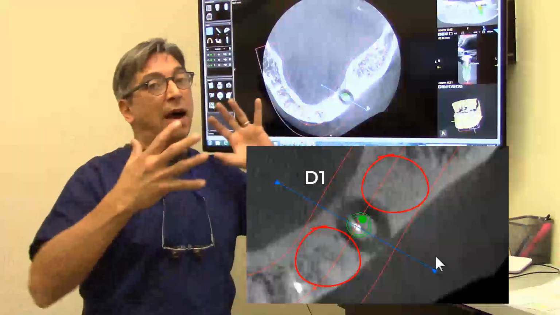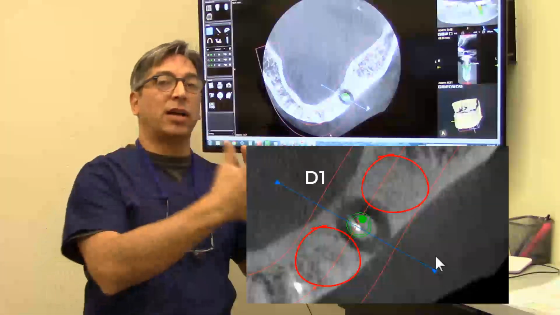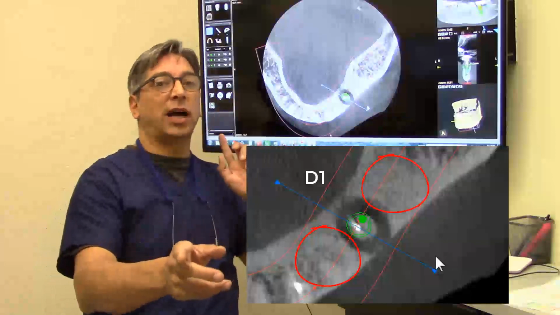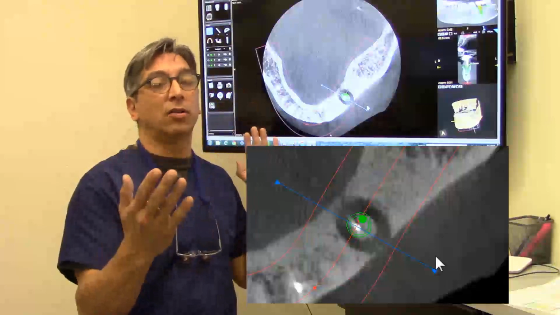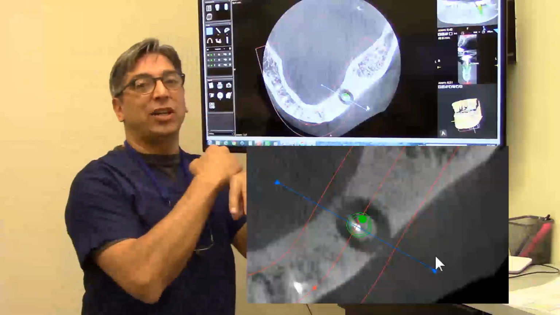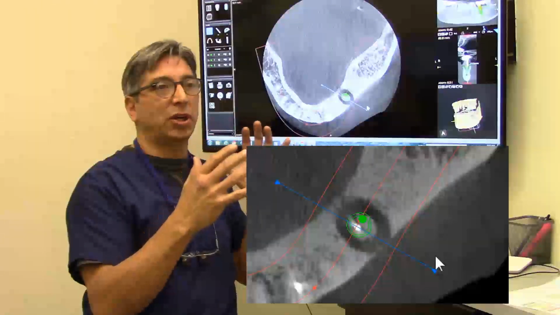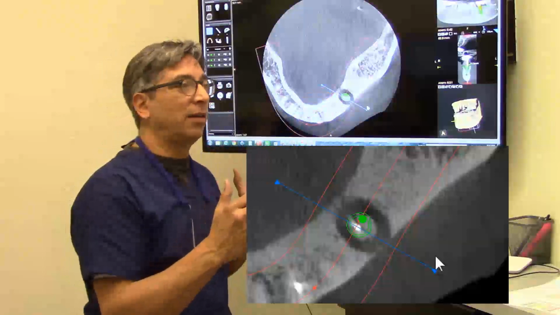So now your graft really has to hang out there a longer time to try to grow that bone across, because on the facial and lingual sides there's no bone to help grow that in, and all you have is tissue invaginating into the area, collapsing it. So you really got to make sure you protect that graft from movement to help that defect.